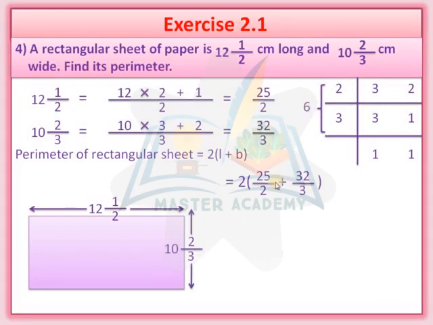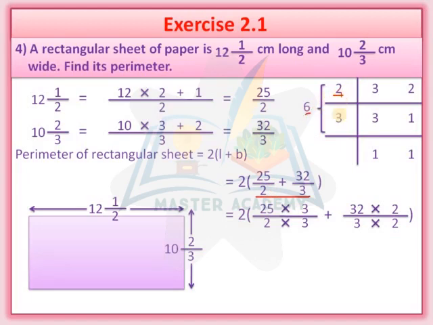So now my dear students, you can see in this example 25/2, we want to make the same denominator 6. We will multiply by which number so we will get 6? 2 times 3 is 6.